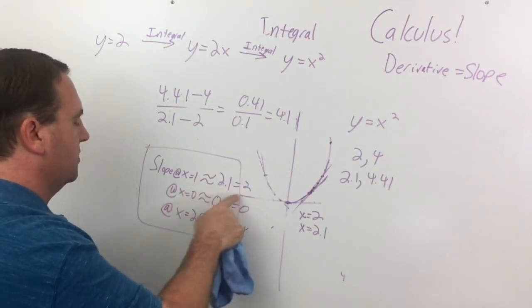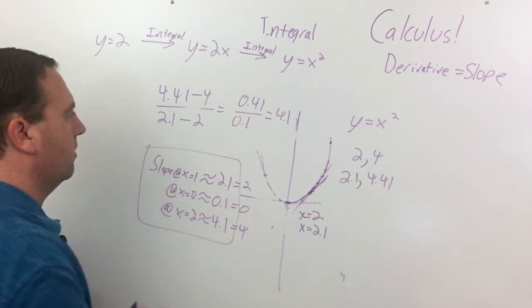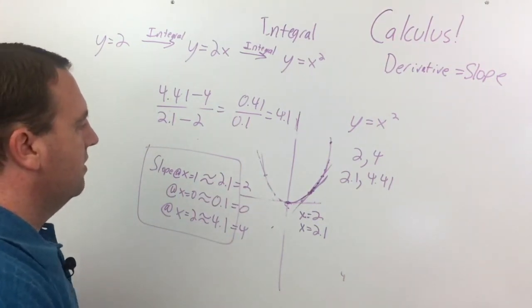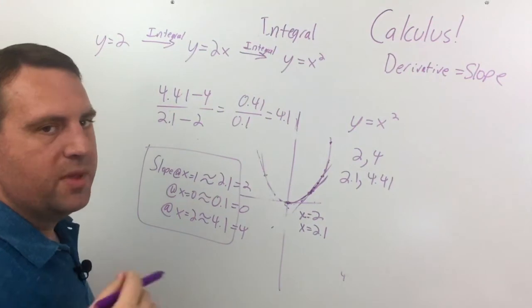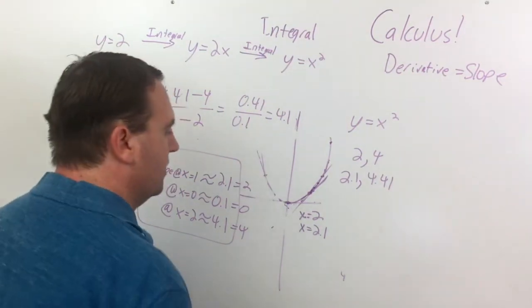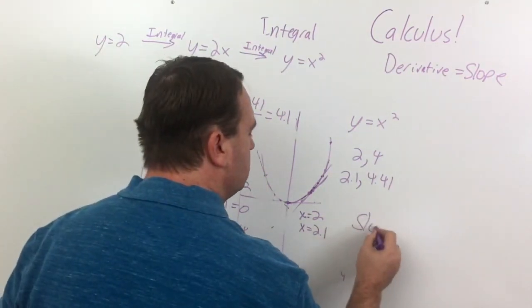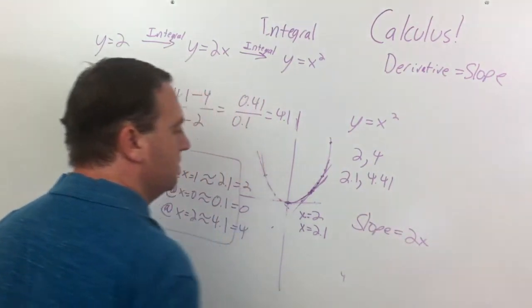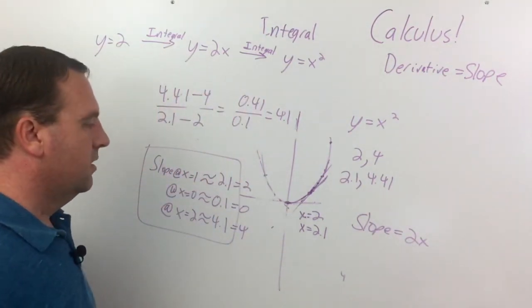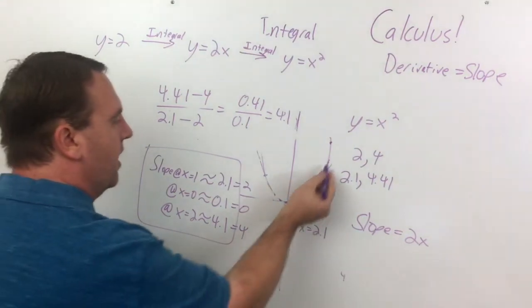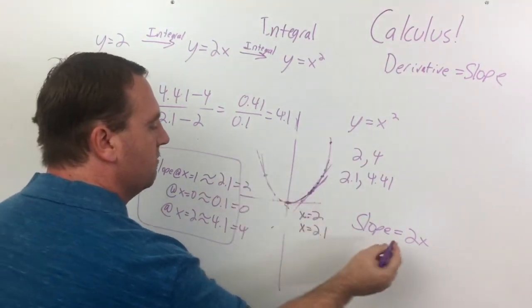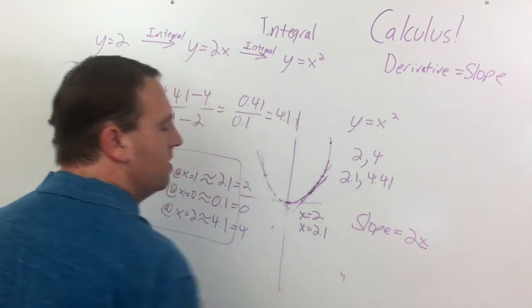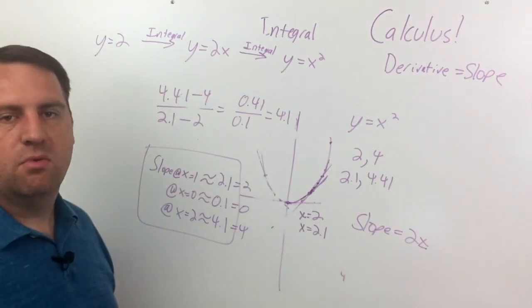If I double 1, I get 2. If I double 2, I get 4. The equation that represents the slope at any given point is actually the slope equals 2x. Okay? So at any given point, I can tell the slope of this curve by taking the x value of that point and multiplying by 2.